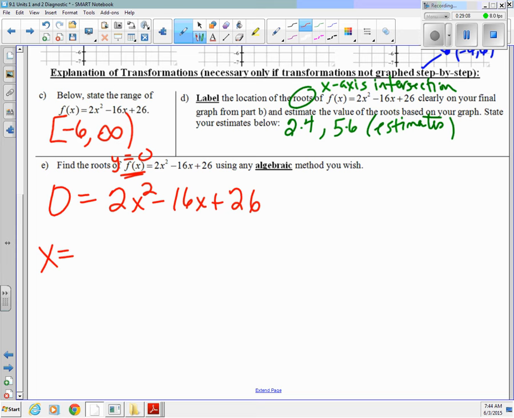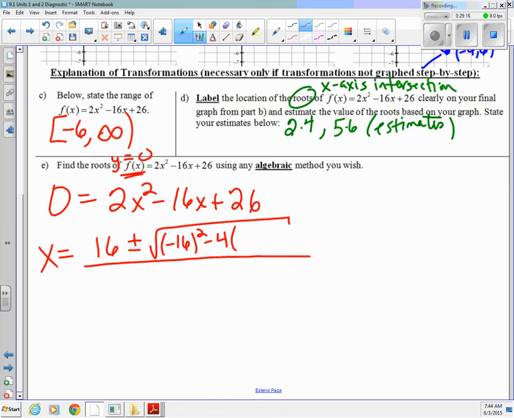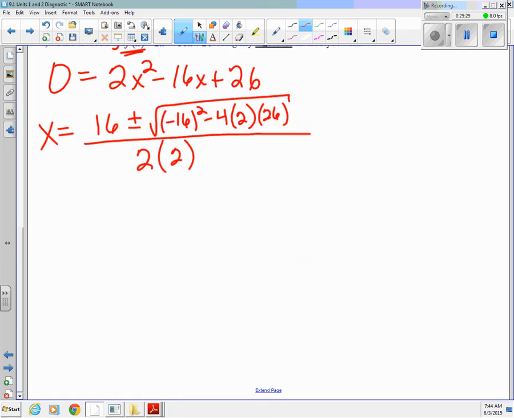So x equals negative b, so that's 16, plus or minus the square root of negative 16 squared minus 4 times a times c, over 2 times a. By the way, I could have made this a lot easier by dividing everything by 2 as well. But I just wanted to show you in case you went through it like this.